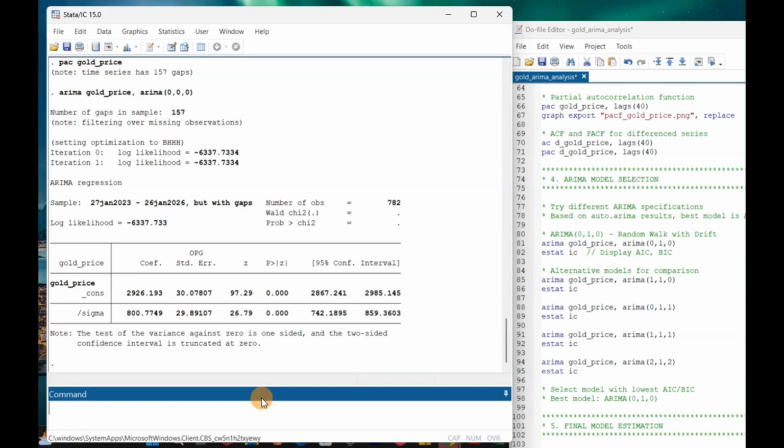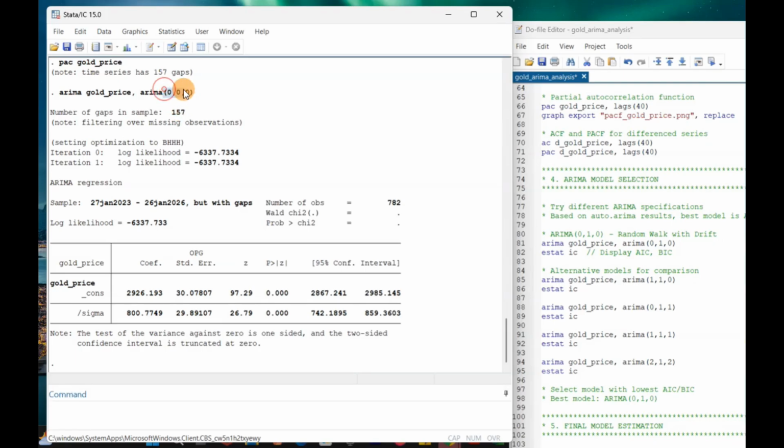Are we all having the same result? Yes. Zero, 0, 0, triple 0.